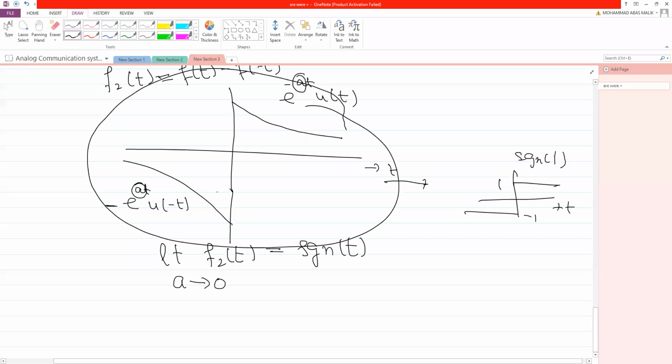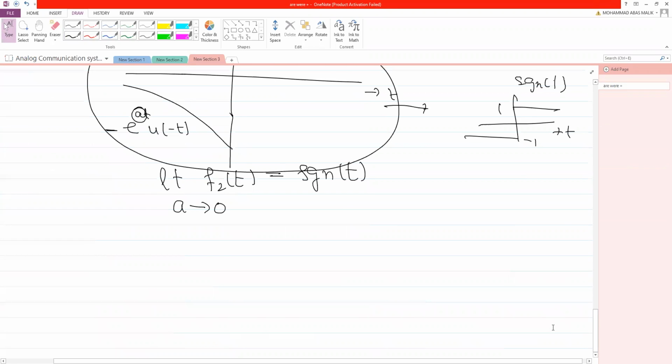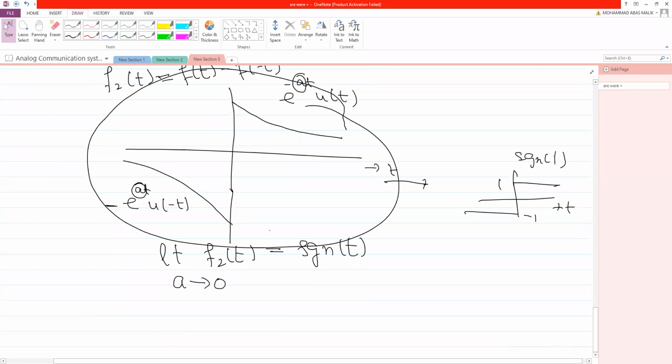Let me show this. If a tends towards 0, what will happen? This will be e raised power 0 minus 0 into t u of t.